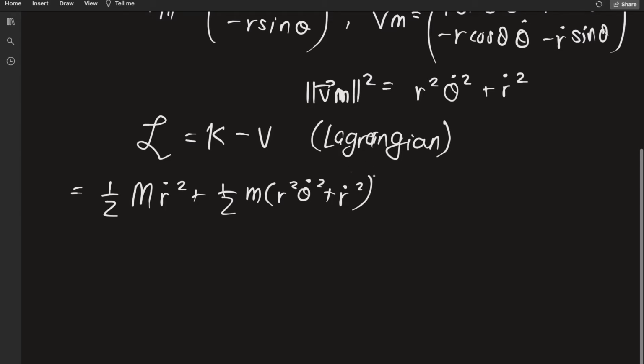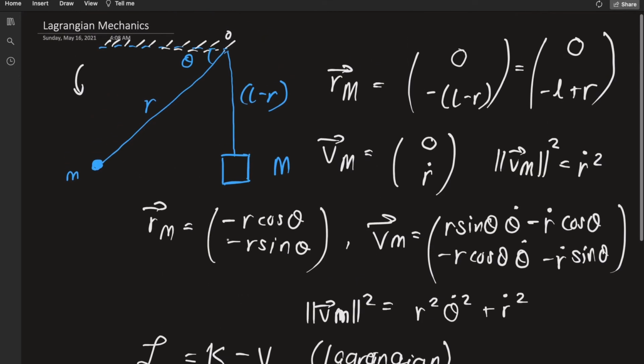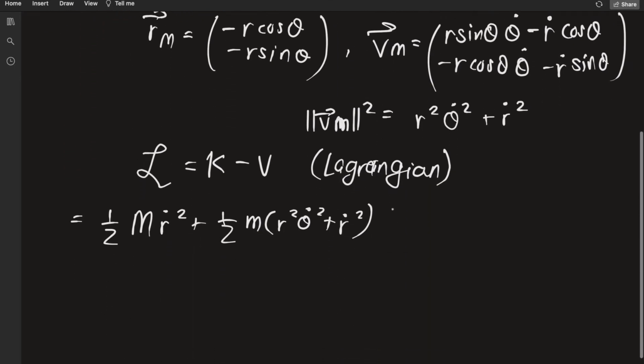And now the potential energy of the small mass: we have a negative here because the y coordinate was negative. That negative, this negative will be a positive for the small mass, mgr sine theta.